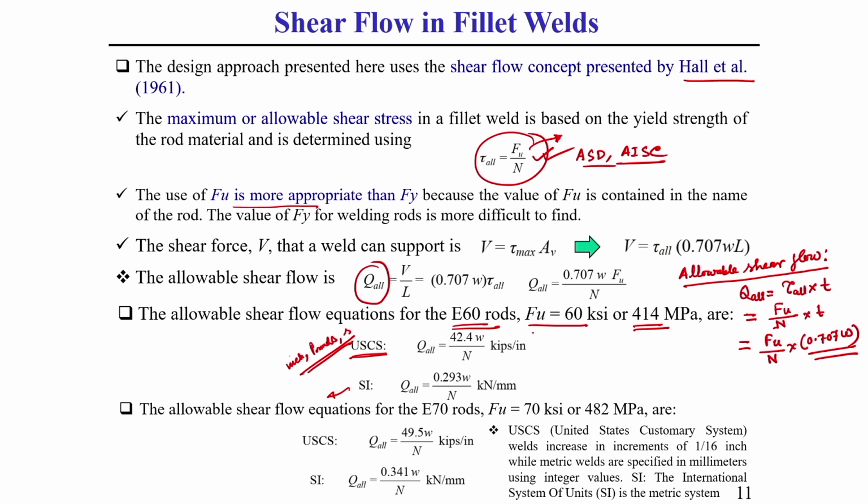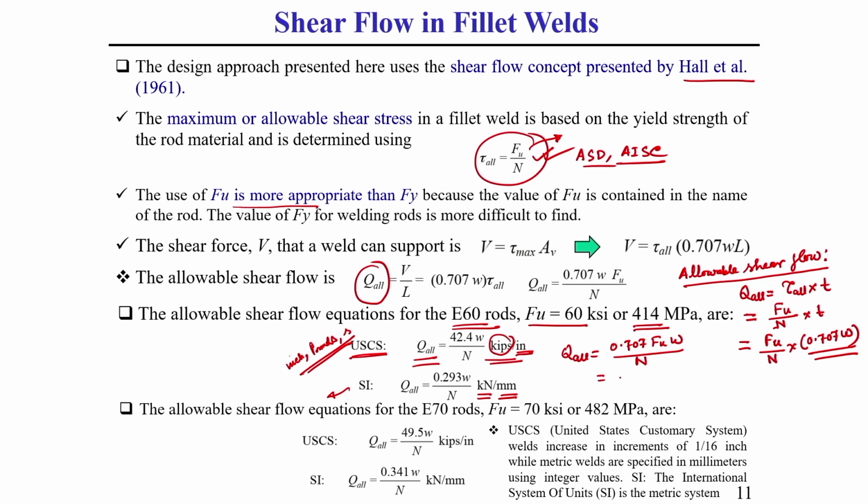So for the E60 rod, how does this allowable shear flow come? This is in kilo pounds, kips per inch, and in kilo Newton per millimeter. How does it come? I am showing it a little. You know Q allowable is equal to 0.707 Fu W divided by n.